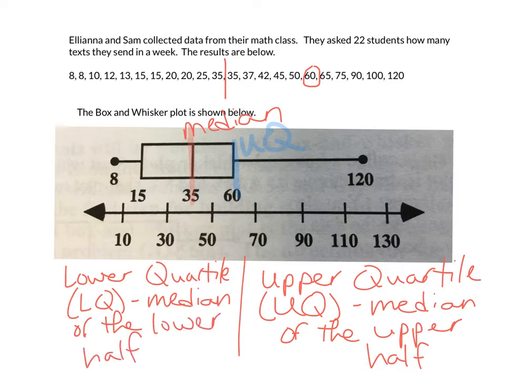So if I take these numbers and find the median of the ones below the actual median, I'm going 1, 2, 3, 4, 5. I'm thinking it's this first 15, because then I have 5 numbers below it and 5 numbers above it, so that is my lower quartile. This is my upper quartile, and the 15 is shown right here, so this is my lower quartile.